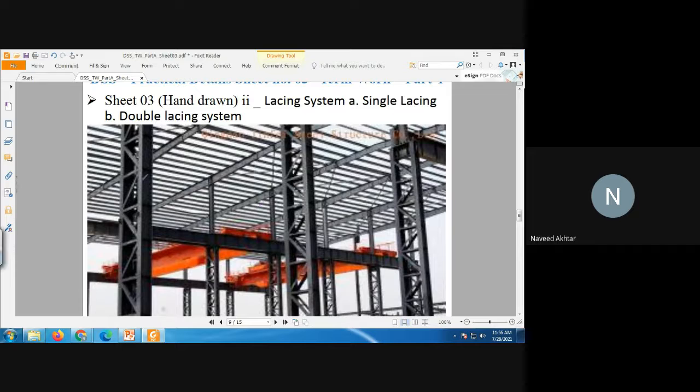You can see here the horizontal bars are also provided in between, and then single inclined bars are there. It is called a lacing system. The two channel sections are attached with the inclined bars. So these inclined bars or flats, if you are providing to the column to make a built-up column, they are called the lacing system.